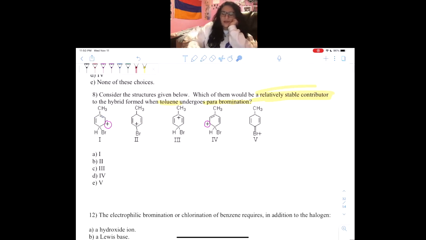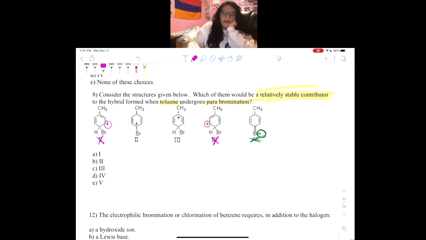We then have this plus charge, which is on the bromine, and the bromine is double bonded. And we said earlier that even though the plus charge is super stable on oxygen or nitrogen, it's actually less stable when it's on the bromine. So we don't like this answer choice. And we said that these two are exactly the same, so we can't pick one over the other. So we're going to cancel them out.